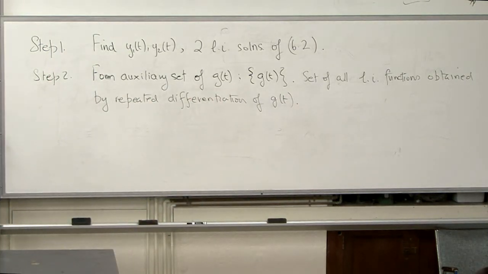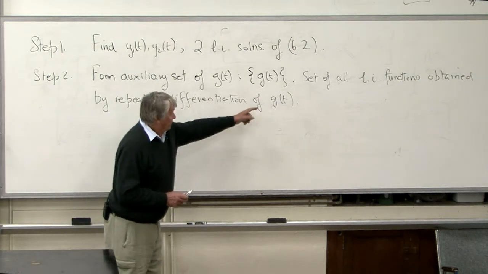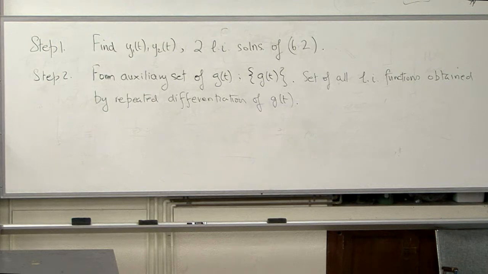Now, at the moment, that's all gobbledygook. That's just the statement. I'm going to give you examples in a minute. I'll give you examples now, I think, because then it'll make the next step a little bit more clear. Okay, so the example.